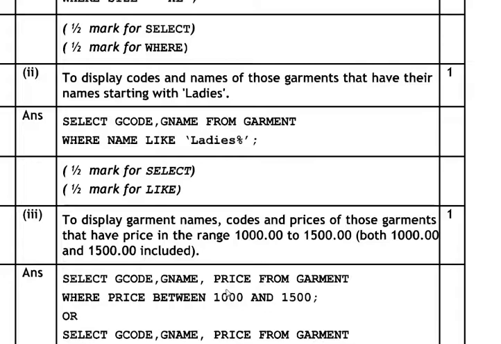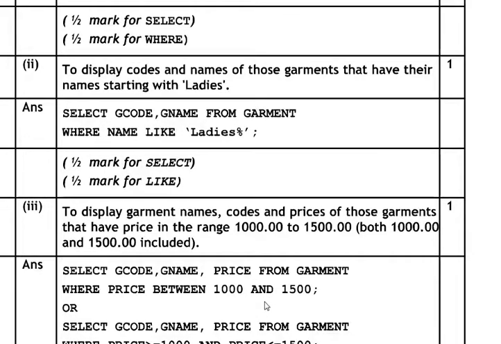Now let us see the query. SELECT G code, name, price, these are the simple columns which we have learned earlier, FROM garments WHERE price BETWEEN 100 AND 500. That's pretty simple, and we can write another query using the AND operator.